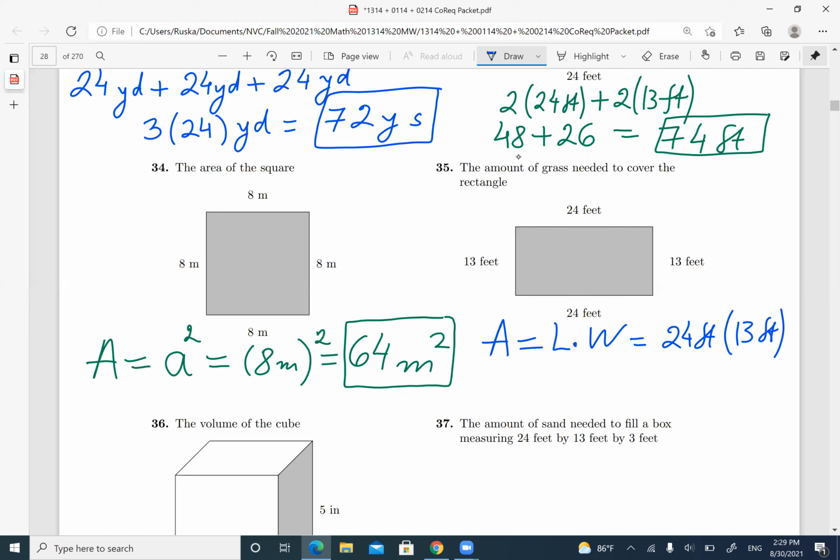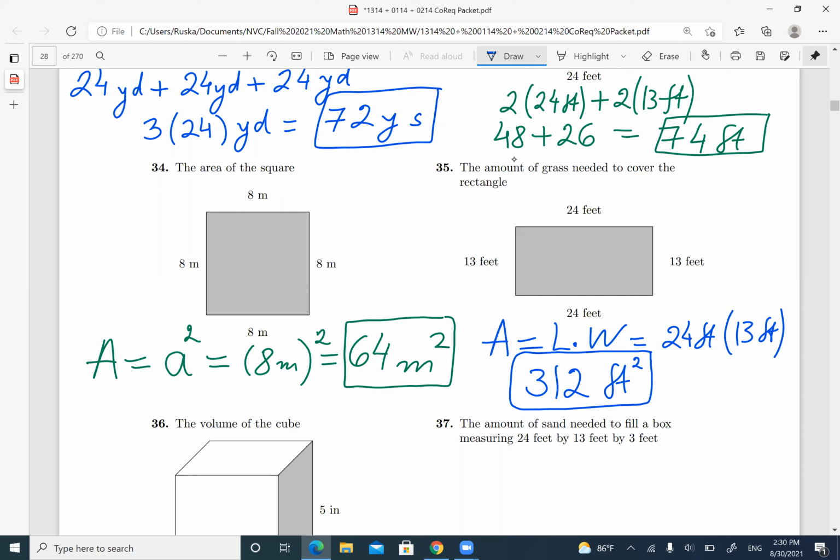It's 312. Yes, that's right. But what is the unit here? It's going to be feet square. That's right. Or square feet. So it's going to be 312 square feet.